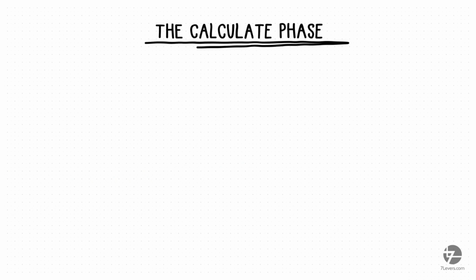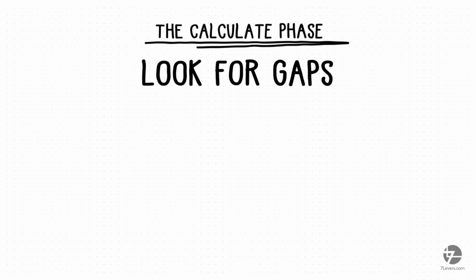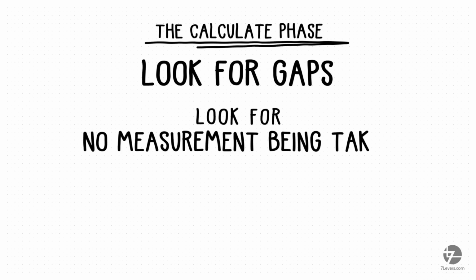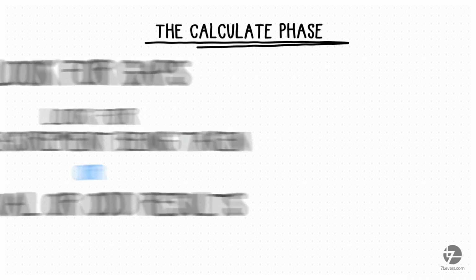The other thing you're going to do in each lever is look for gaps. There'll be more detail about those gaps in each lesson, but at the top level, we're going to look for either no measurement being taken or some odd results, things that you weren't quite expecting. These are 2 things that we can feed into the correction step.